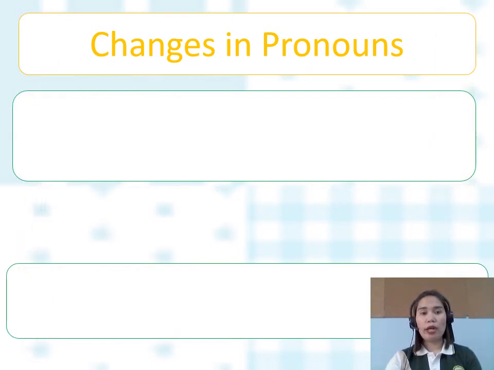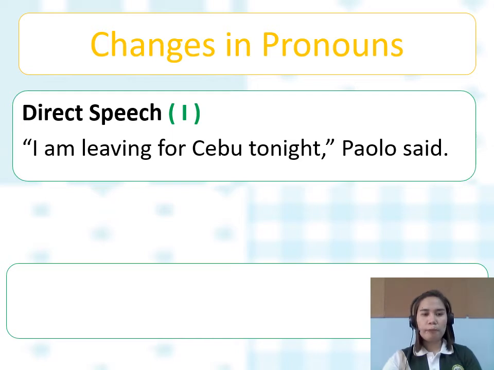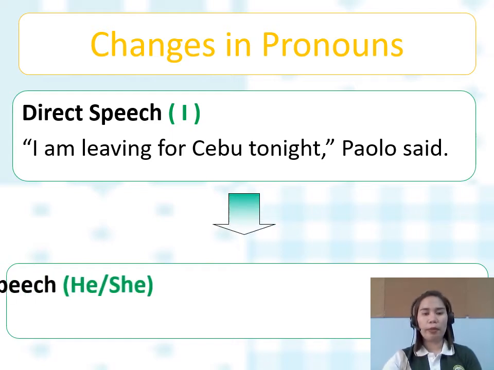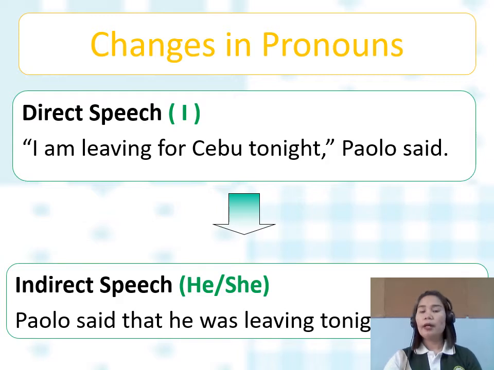So let's have some examples. Direct speech: I am leaving for Cebu tonight, Paulo said. When we convert it into reported speech, it will become: Paulo said that he was leaving tonight. Have you noticed?